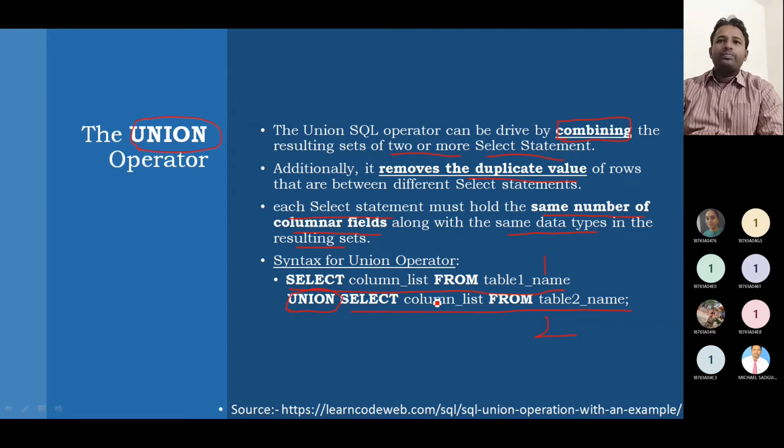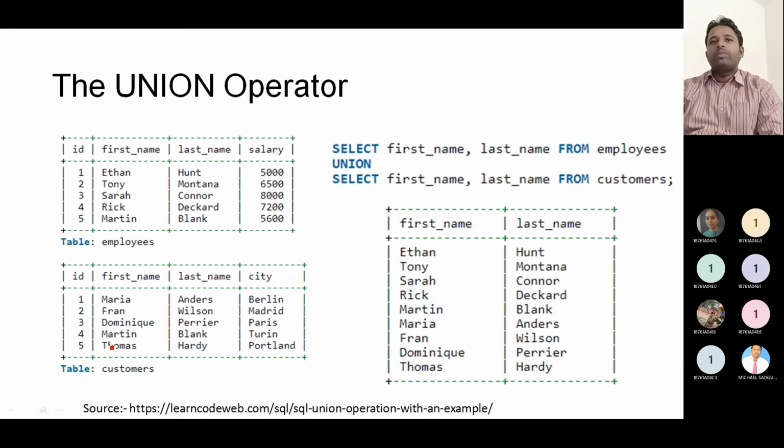The results should match in terms of the number of columns as well as the data type of each column. Looking at one small example, suppose we have one table named employees with ID, first name, last name, and salary as columns. Another table, customers, has the same ID, first name, last name, but in place of salary it has city.